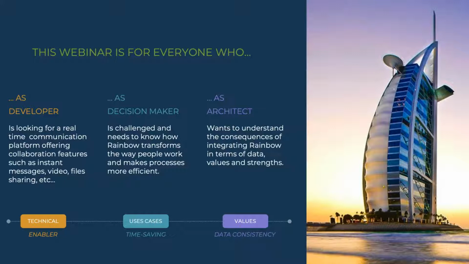And finally, I target architects and IT people who want to know how secure Rainbow is and how it works, to be able to understand how data are managed and will be interconnected to the existing data. So this webinar tries to address points in these three areas.